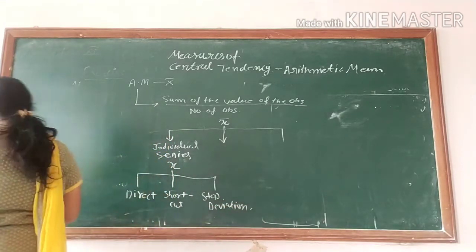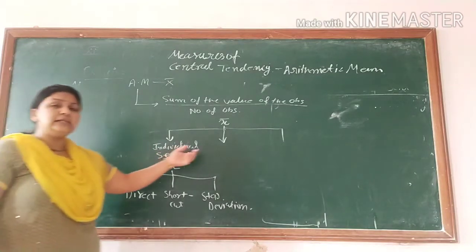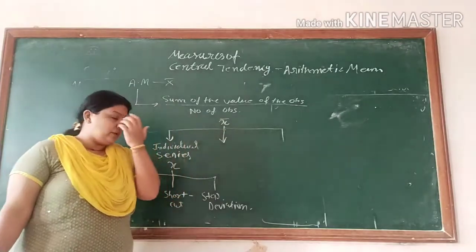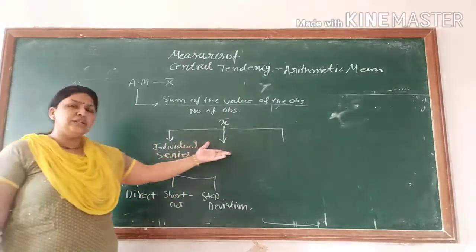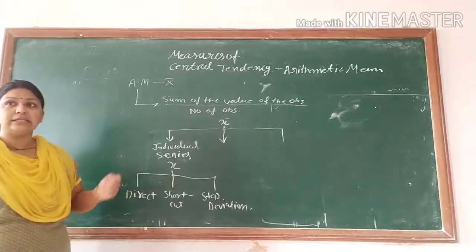Clear? Today we will just talk about this series only. Second is the discrete series and third is the continuous series. But in next video we will talk about these 2 series. Today we will discuss only the individual series.